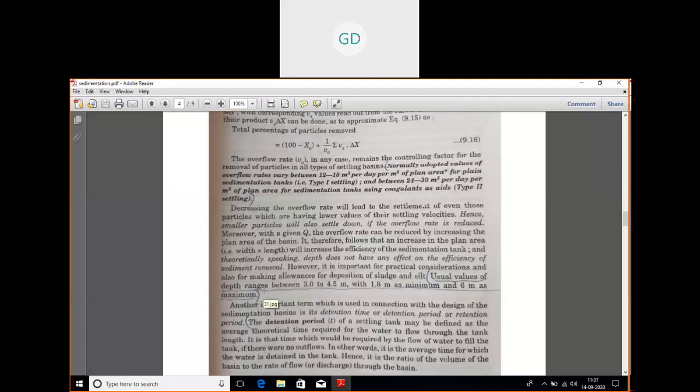For a sedimentation tank, sometimes you might need to assume the values. So the depth ranges from 3 to 4.5, the minimum can be 1.8 meter and 6 meter is your maximum depth. You write down this line, usual values, from here to here.